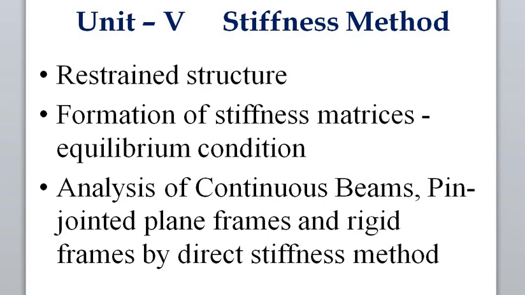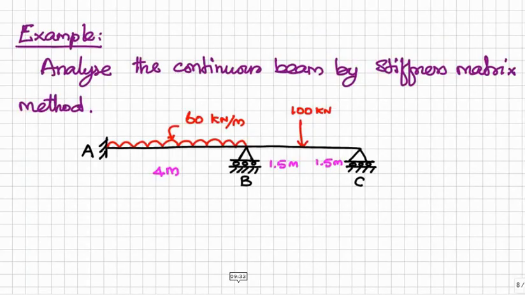In this video, we will try to analyze a continuous beam using the stiffness matrix method. So this is the problem statement. Analyze the continuous beam by stiffness matrix method.